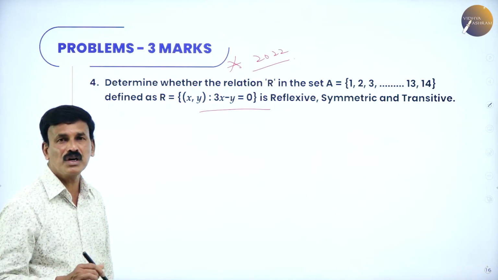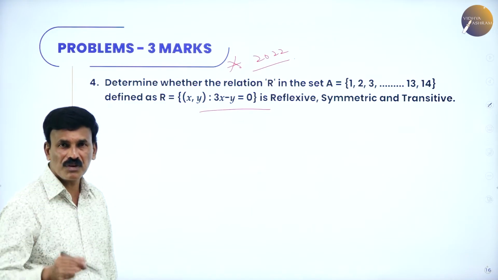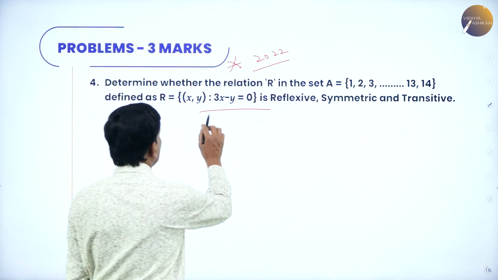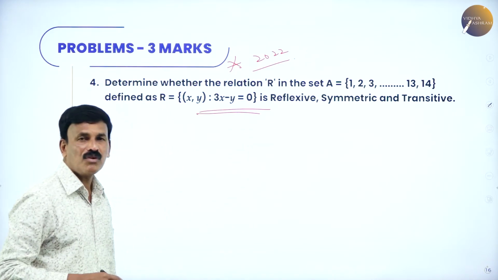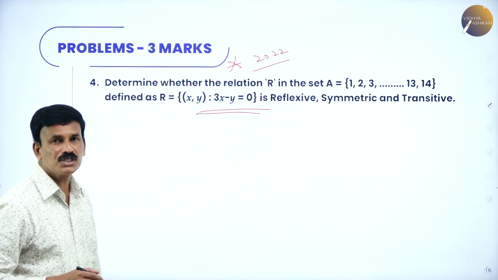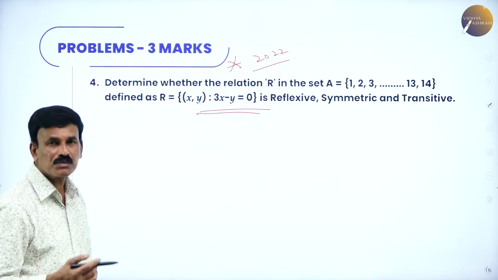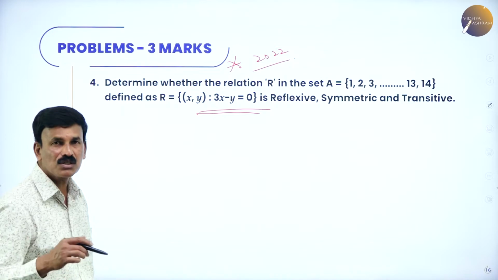Now we have to verify whether the relation is reflexive, symmetric and transitive. What is the condition given? R is {(x, y) such that 3x minus y is equal to 0}. So if you multiply the first element by 3 and subtract the second element, that is equal to 0.